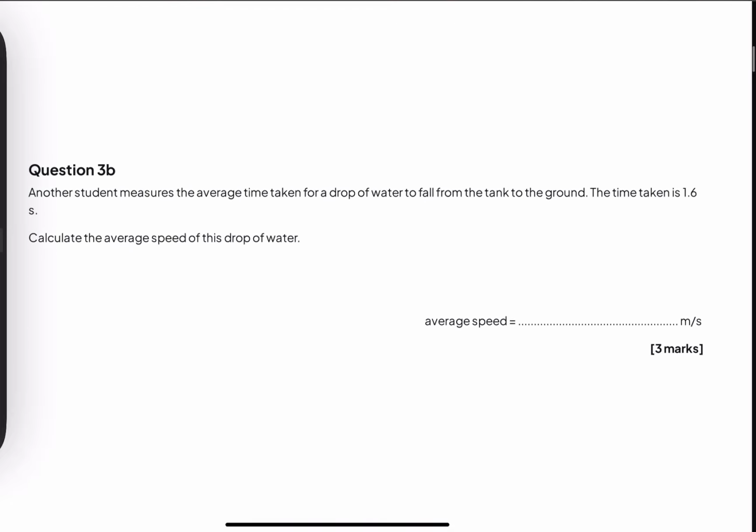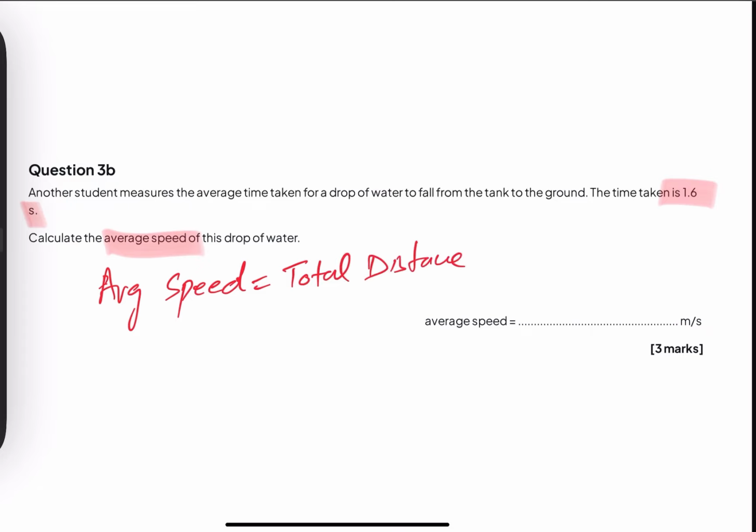3b, another student measures the average time taken for a drop of water to fall from the tank to the ground. The time taken is 1.6. Calculate the average speed. We have our time in seconds, and we have to find the average speed. So average speed is equal to total distance divided by total time. Time we have, that is 1.6.